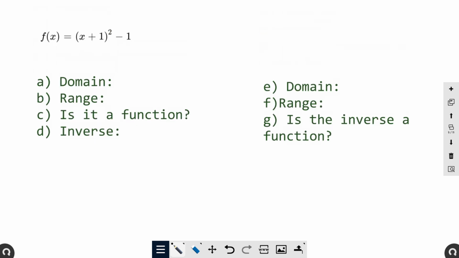This one is what type of problem? Quadratic. That's right. It's got a squared in it. It is a quadratic. And what shape do quadratics make? Parabolas. And they could either open up or they could open down.